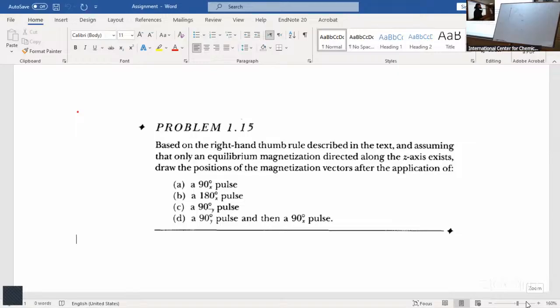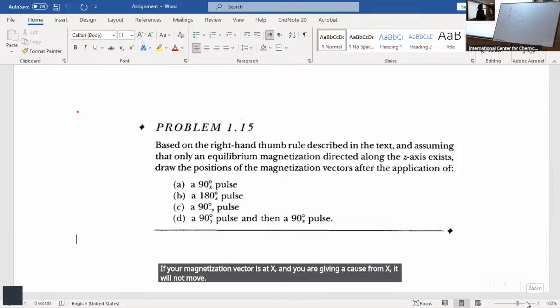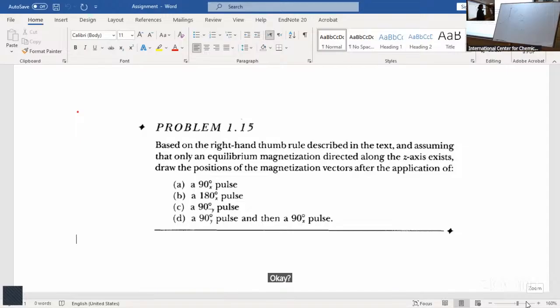If your magnetization vector is at X and you are giving a pulse from X, it will not move. Okay? If your magnetization vector is at the X axis, and you gave a 90x pulse, the magnetization vector will not move. Okay. So I think you all have a clear idea now.